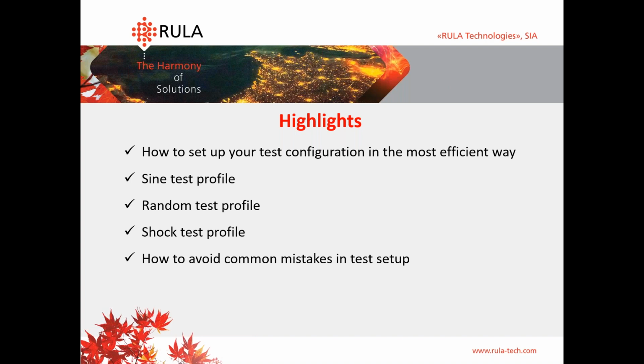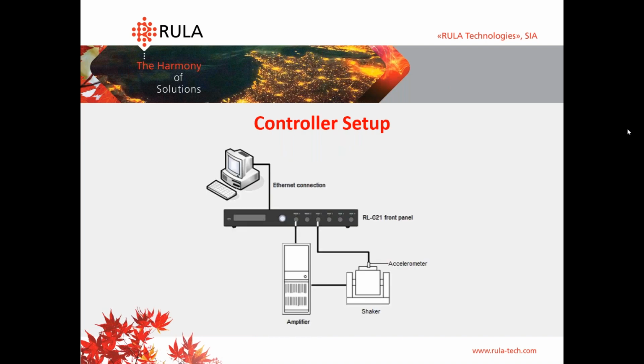Hello, let's start preparing for vibration testing. Our first step is to set up our system. As you see in this picture, we need to connect our computer with the RLC21 or RLC25 controller. We should do this with an Ethernet connection.